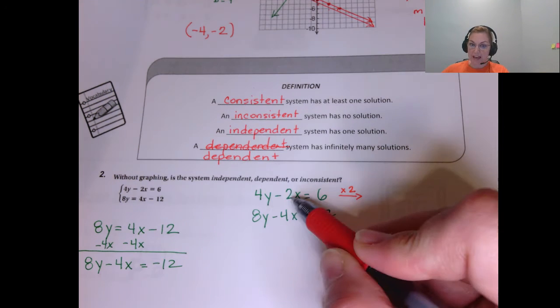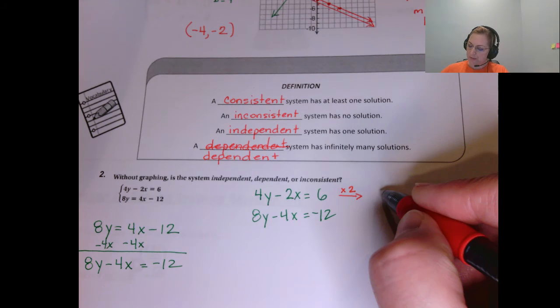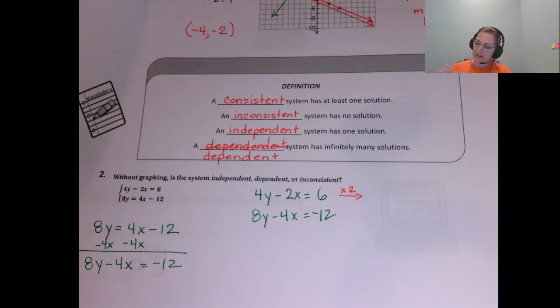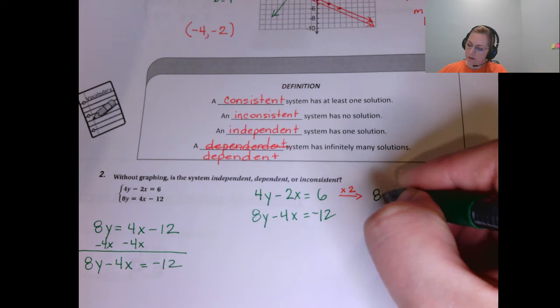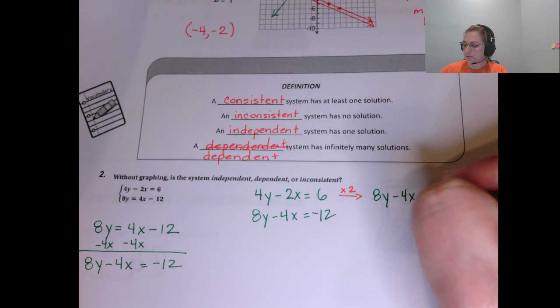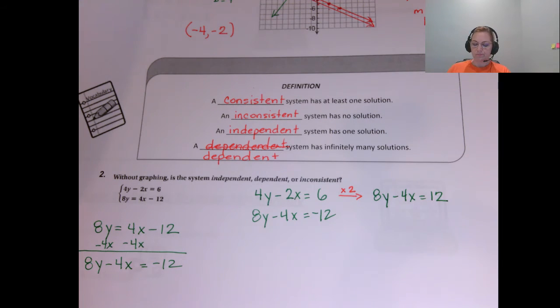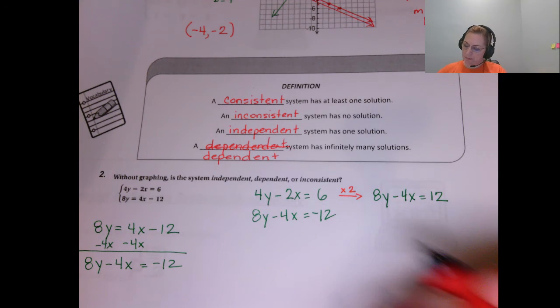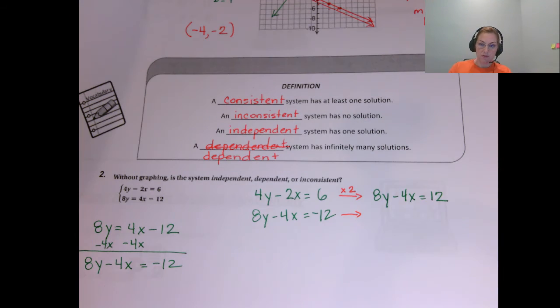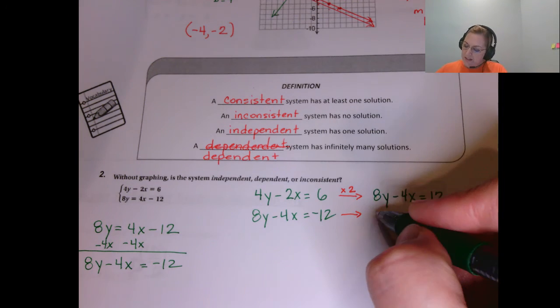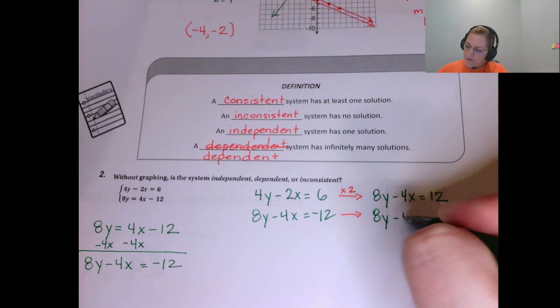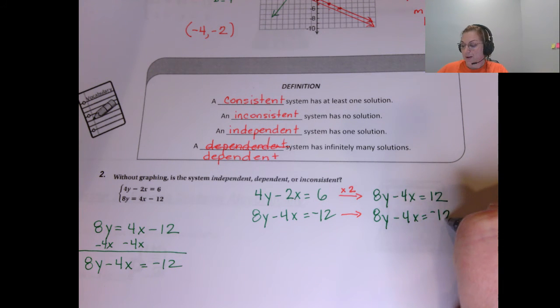So I'm going to multiply every term in the first equation by 2. That's going to give me 8y minus 4x equals 12. The second equation, I'm not going to multiply at all. So this gives me 8y minus 4x equals negative 12.